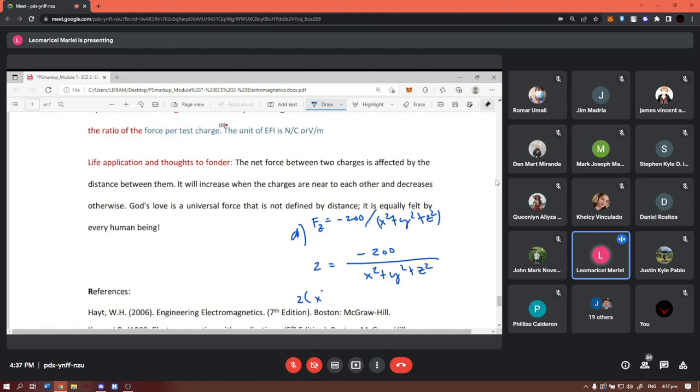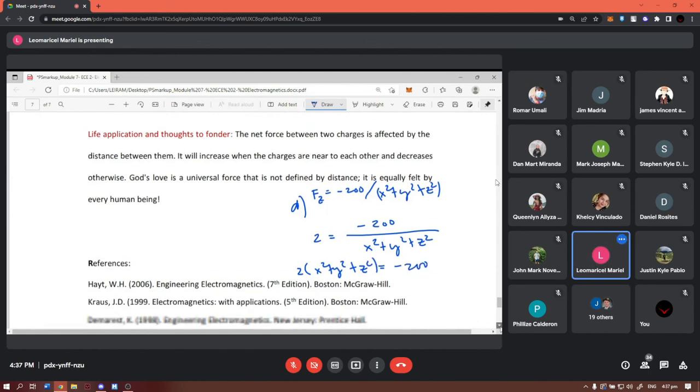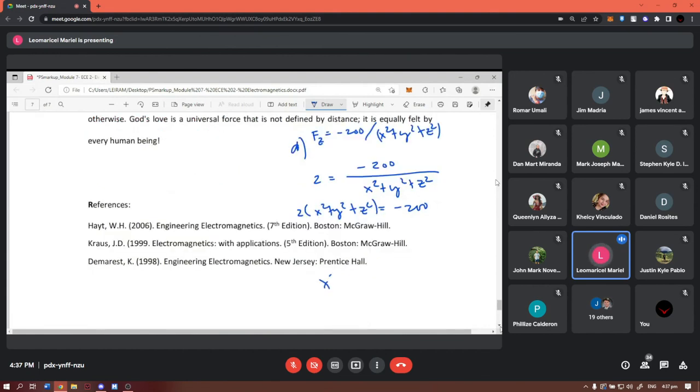So 2 times x squared plus y squared plus z squared is equals to negative 200. So simplifying it further, divided by 2. So the equation will be x squared plus y squared plus z squared is equals to negative 100. So that would be your answer.